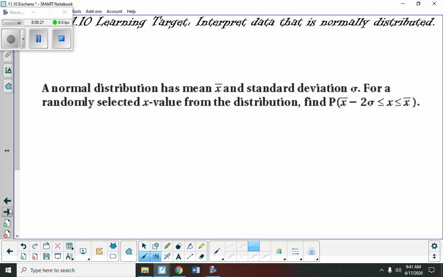All right, let's do another one. A normal distribution has a mean x bar and a standard deviation of sigma. For a randomly selected x value from the distribution, find the probability of being between x bar minus 2 sigma and the mean, two standard deviations away from it. So again, I'm just going to draw that picture. This is my x bar.